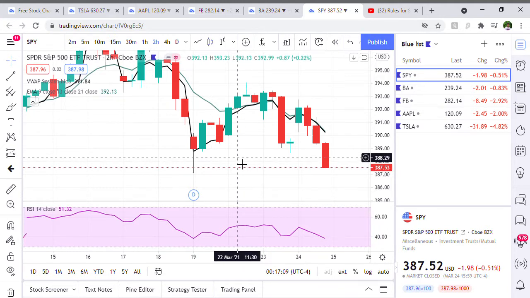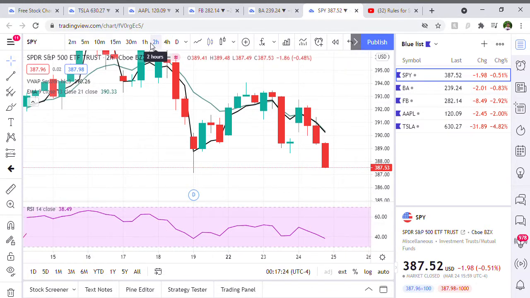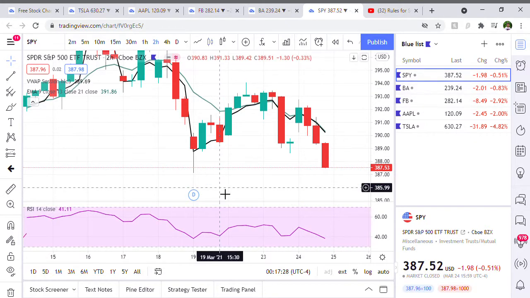You don't have to trade for the first 40 minutes. So for the first 30 minutes you let the market settle, then spend the 10 minutes from 10 a.m. to decide your stock and its direction. With that said, I'll first go into the 2 hour chart of SPY or any of these 5 stocks.